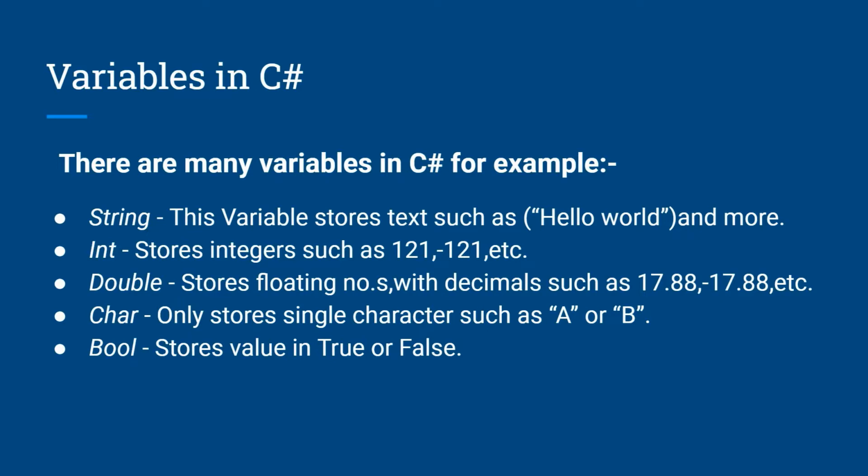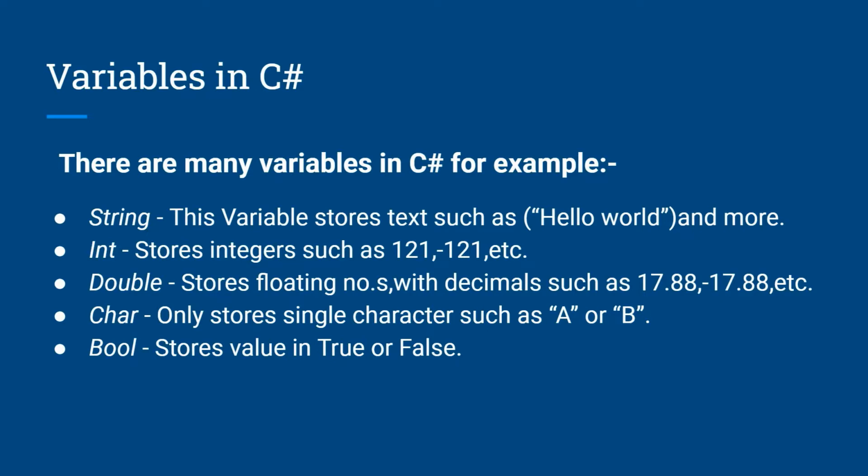Now the next one is the char. Char only stores single characters such as A or B. You can't add a whole line inside this, it will not run. You can only use a single character, any one from A to Z. Now the next one is the Boolean.